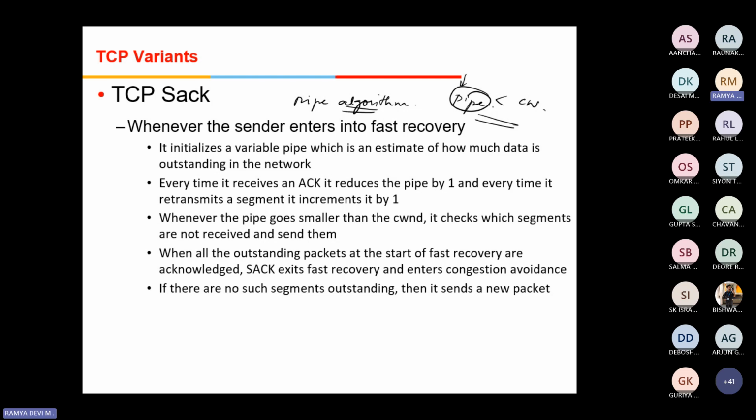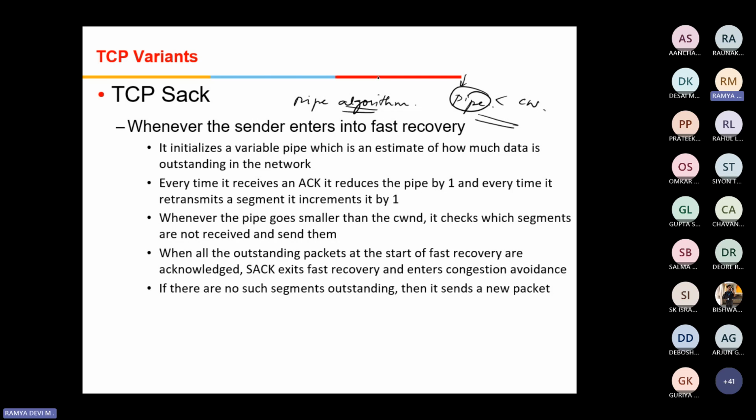Once all the outstanding packets are sent and acknowledged with the help of SACK acknowledgements, fast recovery ends. It enters congestion avoidance and grows the window size gradually. If there are no outstanding or lost segments being retransmitted, and the receiver has acknowledged everything, the sender will send new packets.